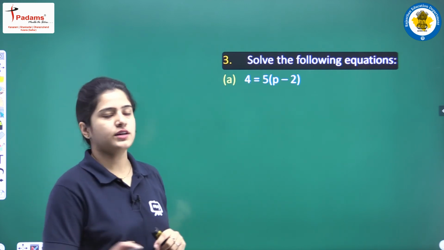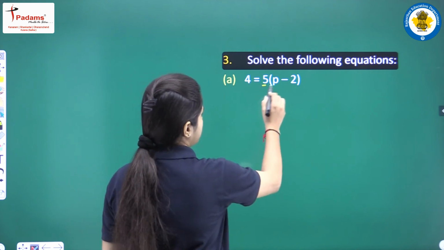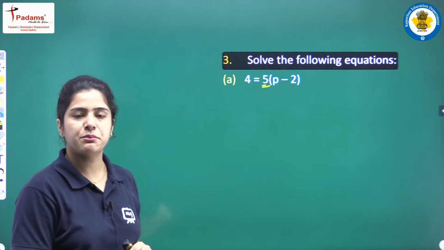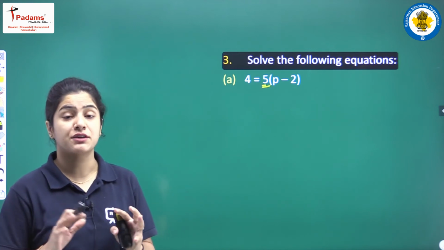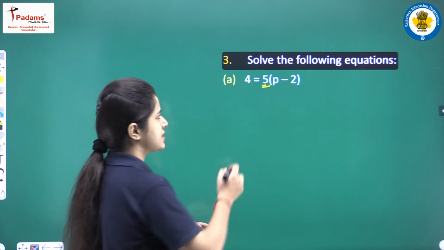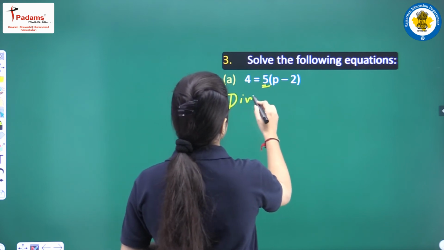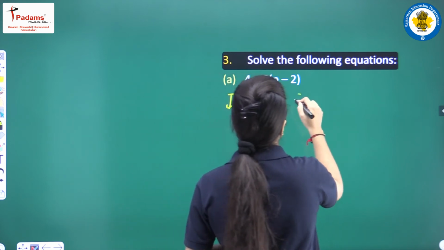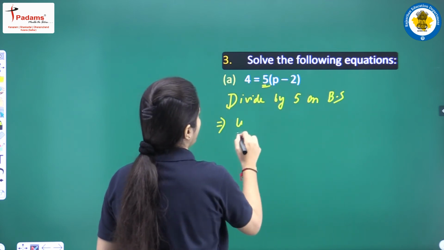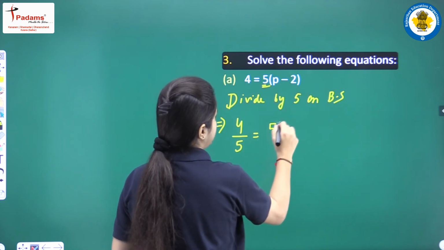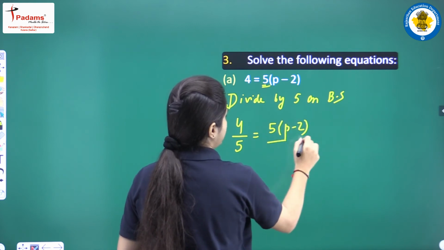Okay students, firstly what we need to do: we have multiplication of 5 with the bracket. So to eliminate this, we divide by 5 on both the sides. So 4 upon 5 is equal to 5 into p minus 2 upon 5, right?